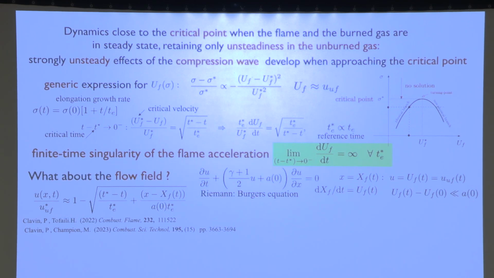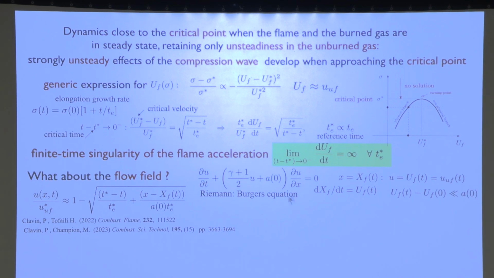That is a very old work by Riemann. He gave the equation of the flow, and this is a compressible flow. It is like what is called a Burgers equation.